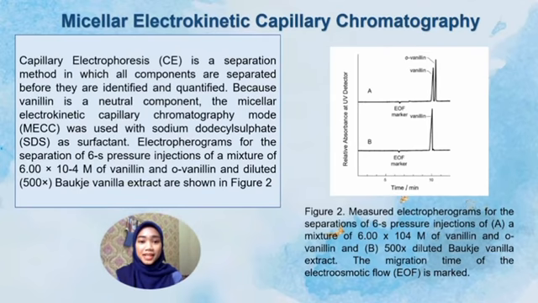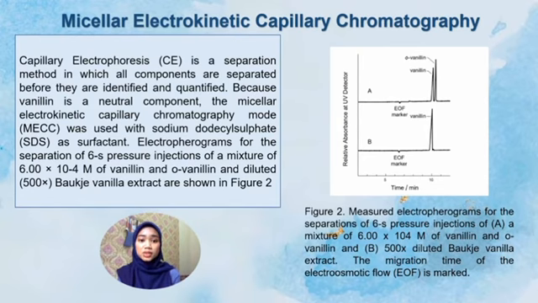For micellar electrokinetic capillary chromatography, capillary electrophoresis is a method to separate all components before they are identified and quantified. The micellar electrokinetic capillary chromatography mode, MECC, was used with sodium dodecyl sulfate as a surfactant since vanillin is a neutral component.